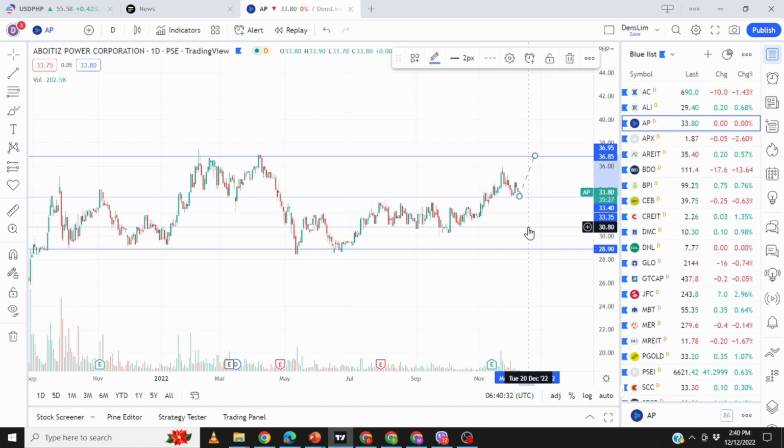We wait first for it to bounce and then buy, because if this level here breaks, the next support is 29. So again, if it reaches 29, you monitor, wait for it to bounce a bit. Once it bounces a bit, then enter. When you enter, your price target would be somewhere here, 35, 33, and 36. So you always monitor those levels.